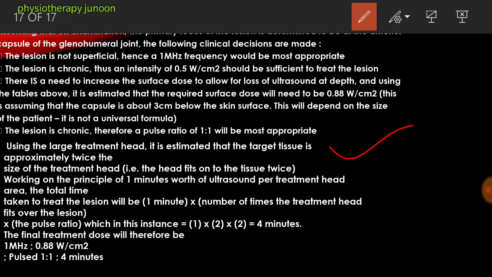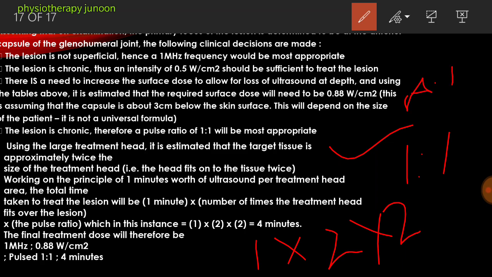The treatment time is 1 minute, the number of head treatments at the shoulder joint is 2, and the ratio is 1:1 because the lesion is in the chronic phase, so you give 50%. So 1:1, here 2, 2 twos are 4, and here is the 4 minute treatment time.